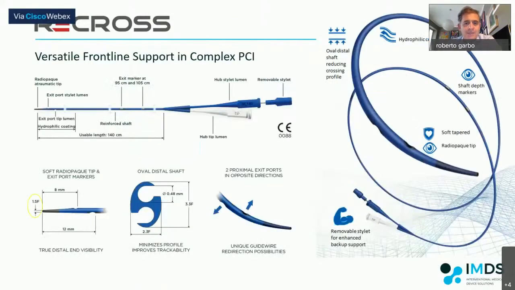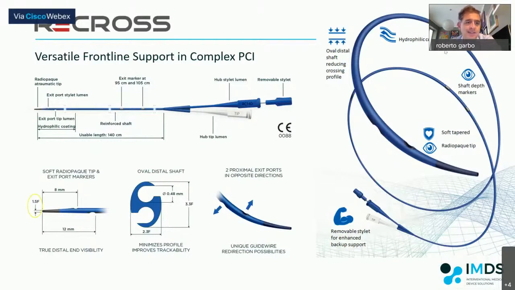And you can see here again, and if you want to explain this slide, Gabriele, you explained it very well in the previous session. You have here the white port hub and the blue hub with the stylet, and through the white one you can go to the tip with the first wire.